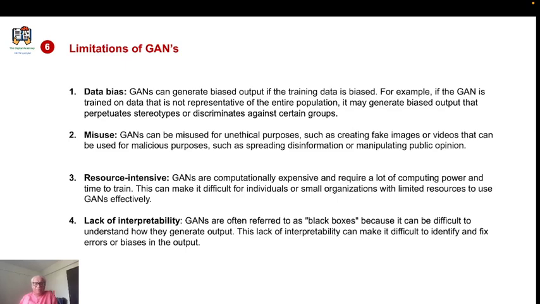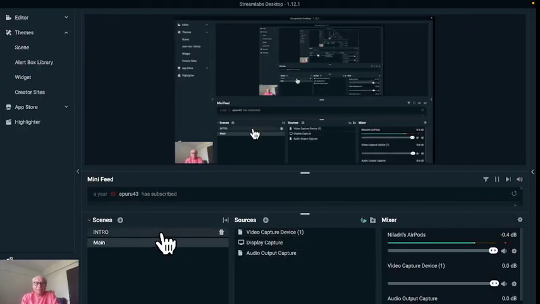It can be used for unethical purposes, creating fake images or videos, which has a very significant impact on the news industry, where YouTube videos can be set up for malicious purposes. The technology is also resource intensive and lacks interpretability, which is why these models are referred to as black boxes, without knowing where the output comes from.